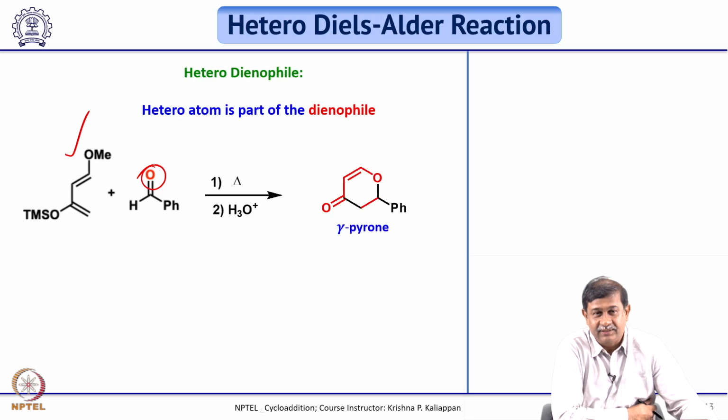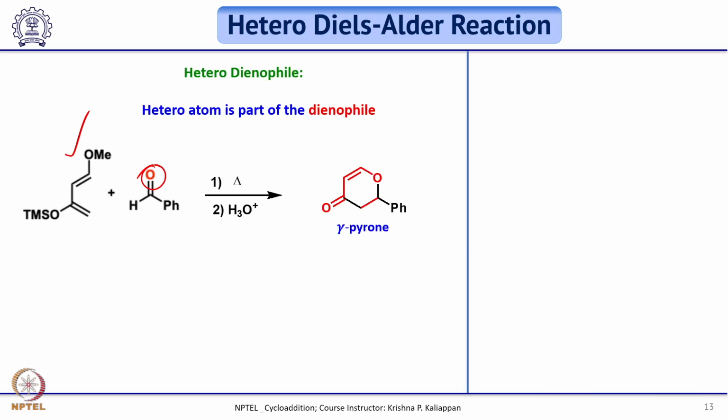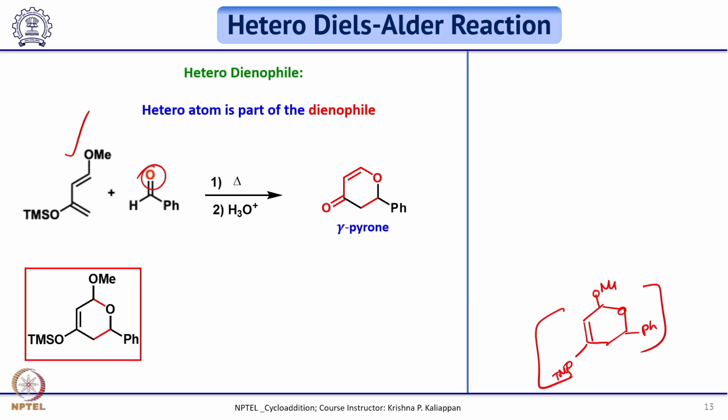So, this can undergo Diels-Alder reaction as we have already discussed, and followed by acid catalyzed hydrolysis will give you the corresponding pyranone ring. So, this is what you get first, then hydrolysis will give you the pyranone.